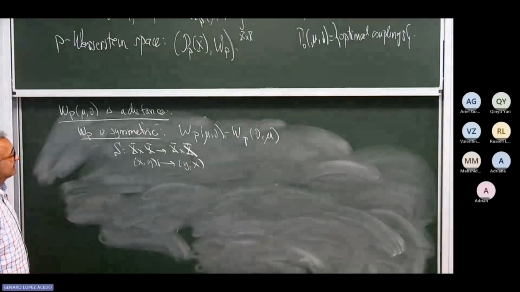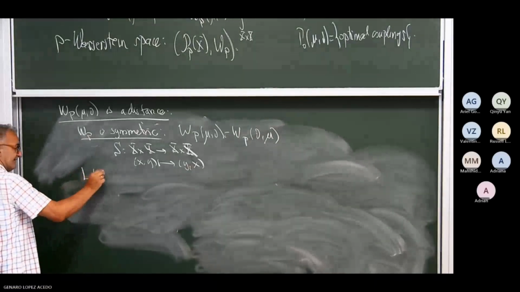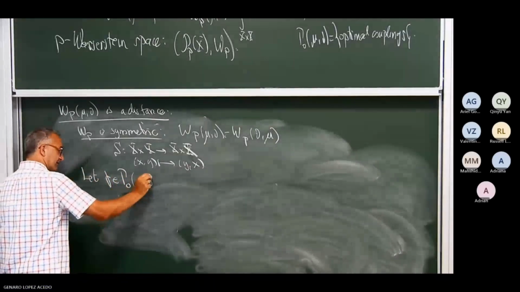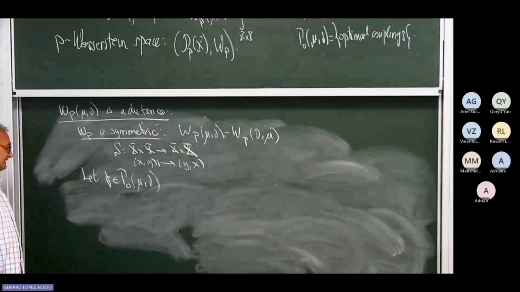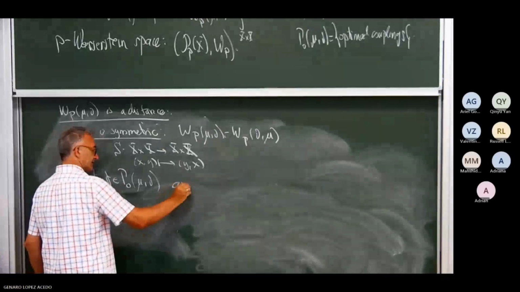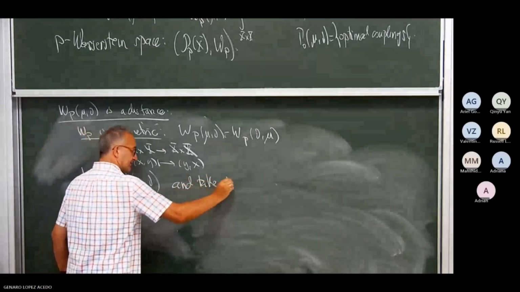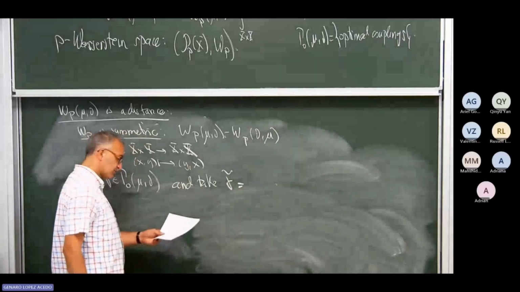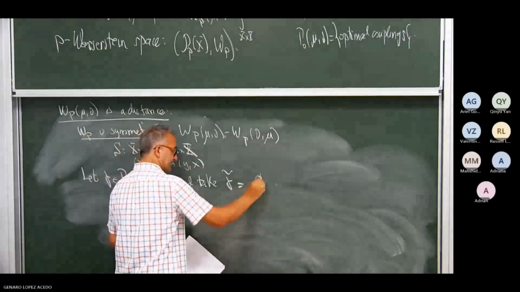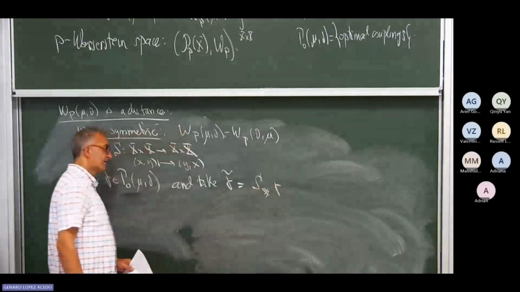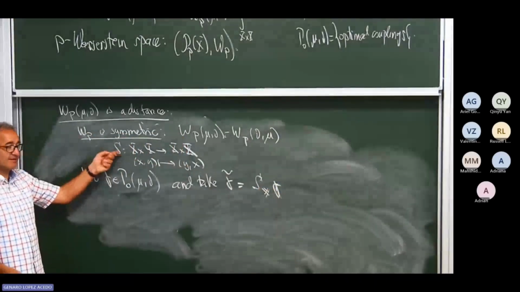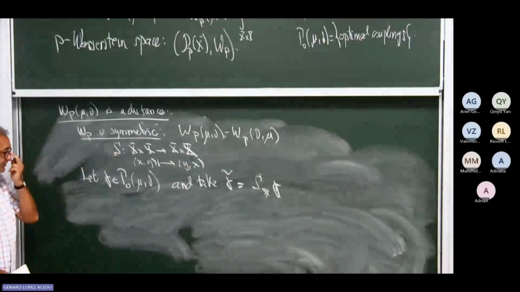So we say let gamma be an optimal coupling from mu to mu, right? And we consider this gamma tilde equal to the push forward measure of gamma through this mapping that changes the order of the coordinates.